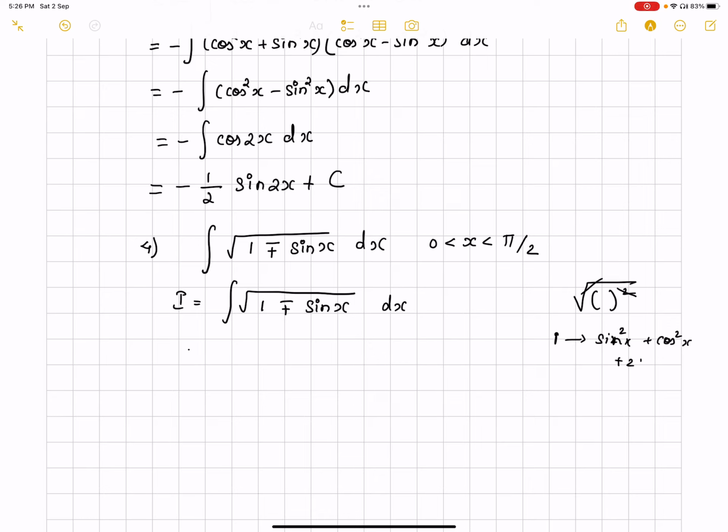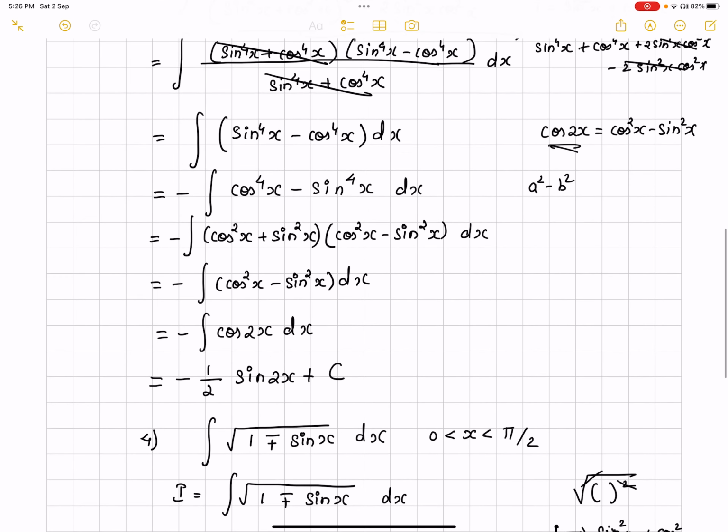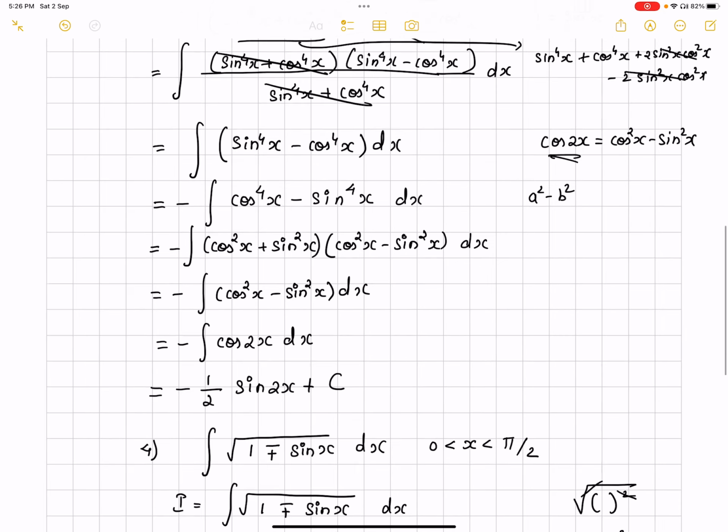I don't have plus 2 sine cos, so I don't have that. So what I would do here is change the sin x which I have. I would bring sine in the format of sine 2 theta. So I will introduce sine x by 2 cos x by 2.